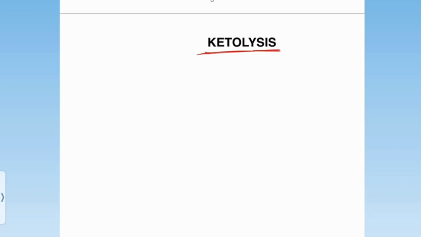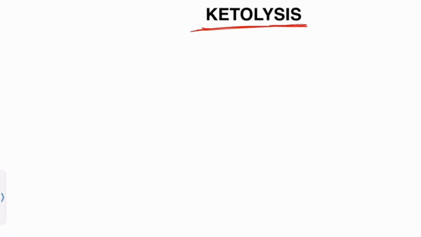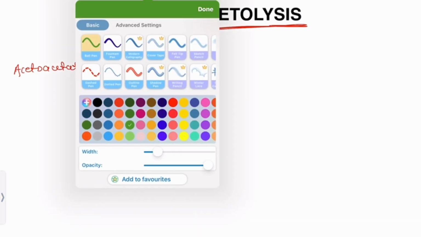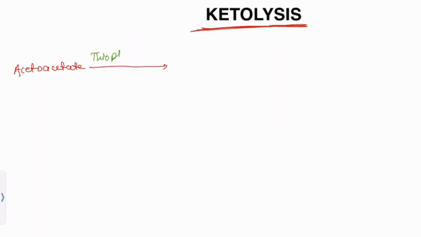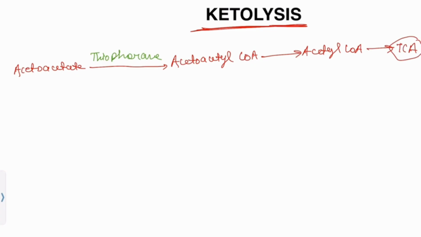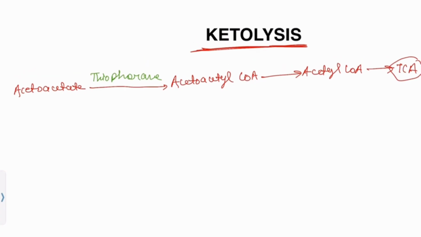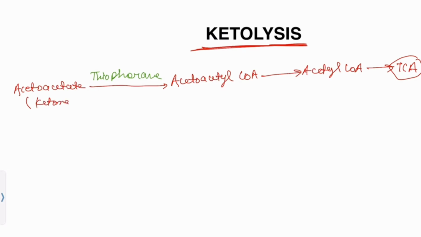So acetoacetate, which is our primary ketone body, with the help of the enzyme thiophorase, forms acetoacetyl coenzyme A, and this acetoacetyl coenzyme A then forms acetyl coenzyme A, and this acetyl coenzyme A then undergoes the TCA cycle. So this is how ketone bodies will form energy.